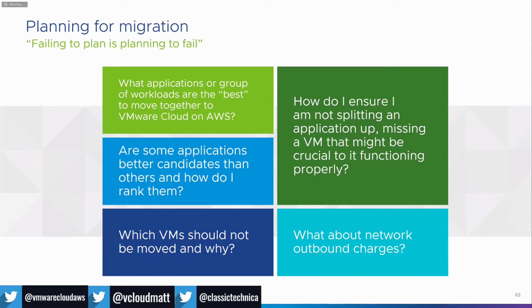Good to know change rates too, if you can get that data, because that tells you how long potentially a VM is going to take to sync, and whether it might be a good candidate for a live migration type option, like a replication assisted vMotion, where the data is synced using vMotion, so you need to track all those changes. So the more information you can get about your workloads, the better decisions you'll be able to make, and the better groups you'll be able to make for your migration.